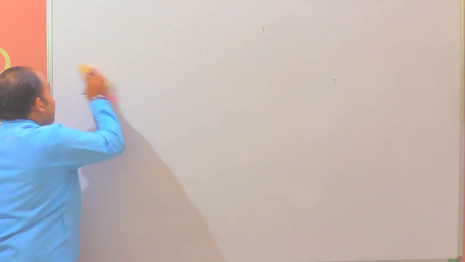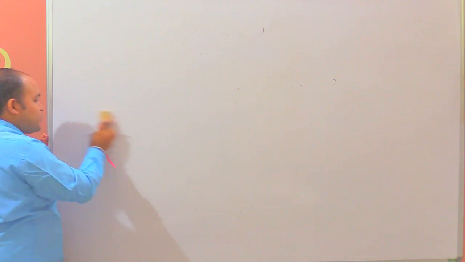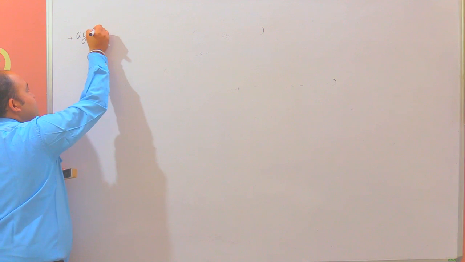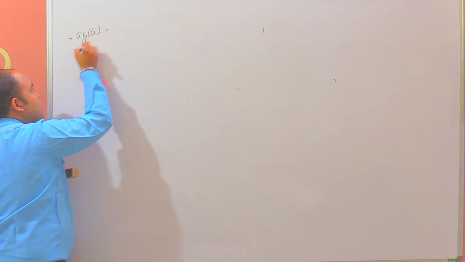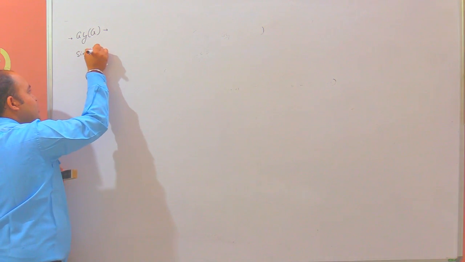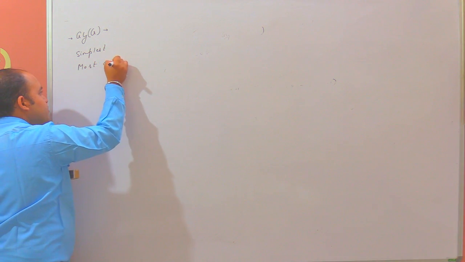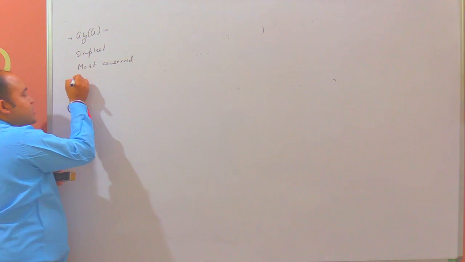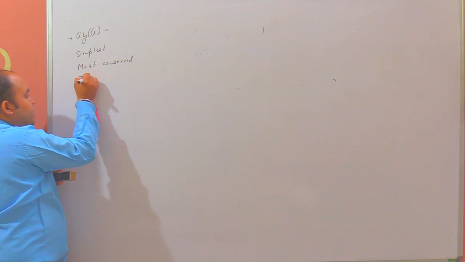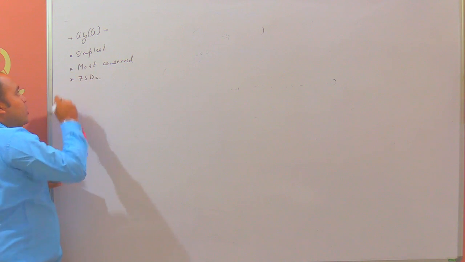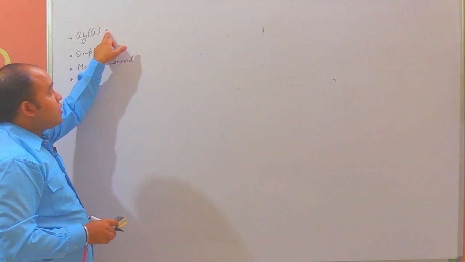Now, when we are talking about the glycine molecule, there are certain specific properties. Glycine, as you can find, is G. This glycine molecule is the simplest of all amino acids, most conserved, the lightest among all, so it has a weight of 75 Dalton only, and it doesn't have any side chain.